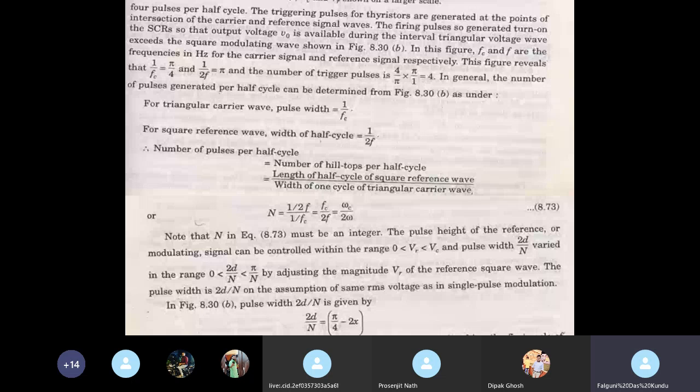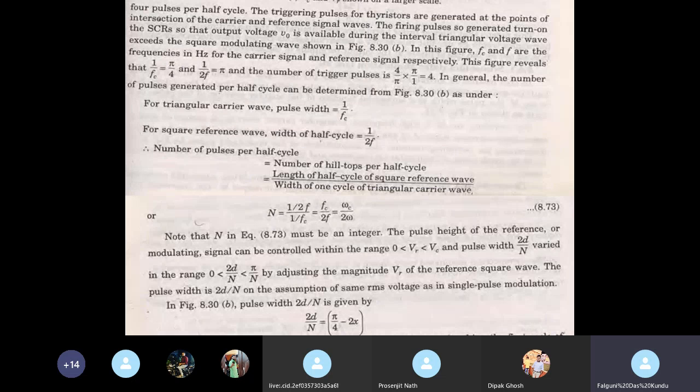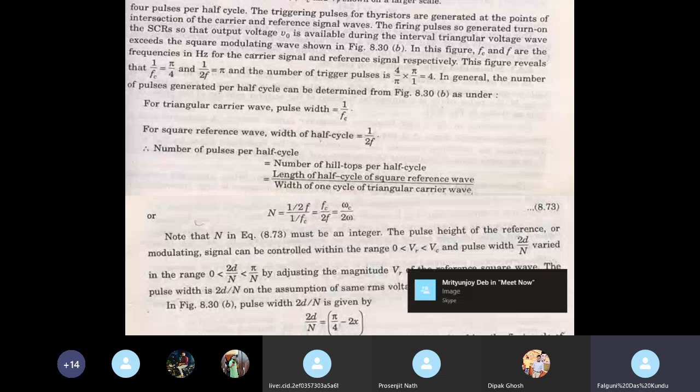Hilltops means this hilltops. This is called the hilltops. That means the length of half cycle of the square reference wave divided by the width of one cycle of the triangular wave, that is omega c by 2 omega. And after that we get that the pulse width is nothing but 2D by N, which is nothing but pi by 4 minus 2x. Okay.